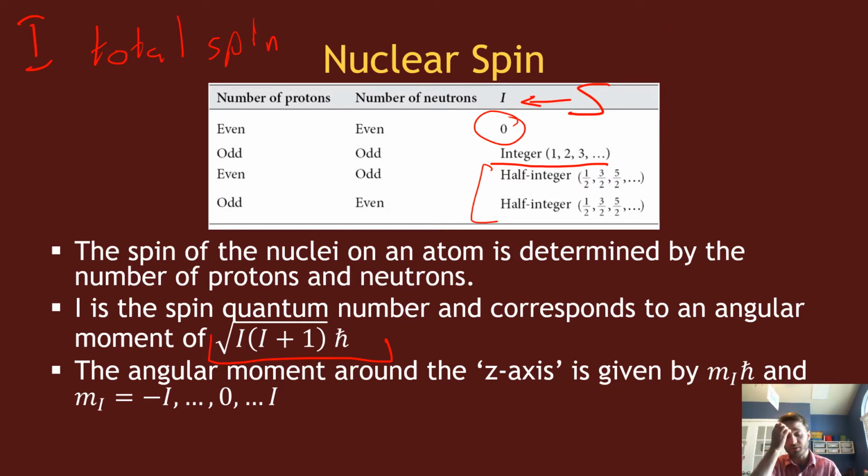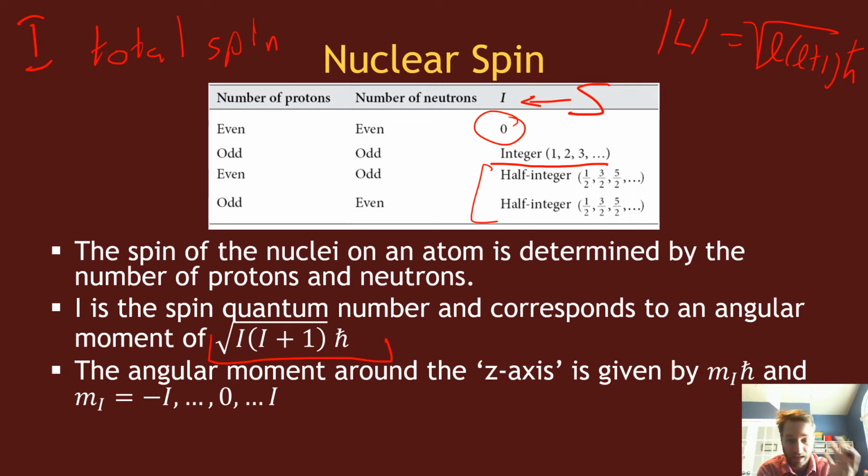It's going to be confusing with two I's. But remember with our total orbital angular momentum, the absolute value of L was equal to the square root of L times L plus 1, times h bar. It's the same type of thing with I, where we're just using a different letter to specify what we're talking about.